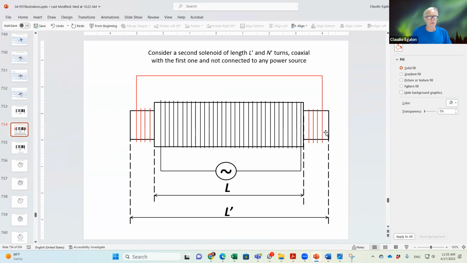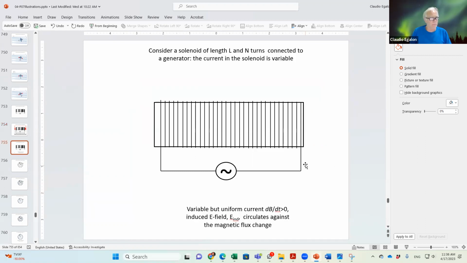It has no power source whatsoever, only this one. So this one can transfer energy to the other one. And if this one is 1,000 volts, depending on the relative number of turns, you can step it down to, let's say, 100 volts here. Or you can also increase it. It all depends on the number of turns.